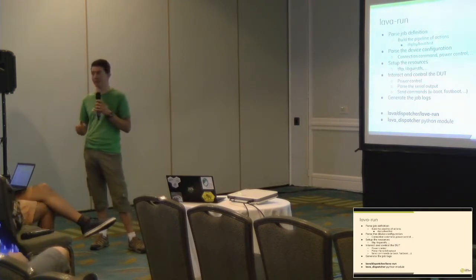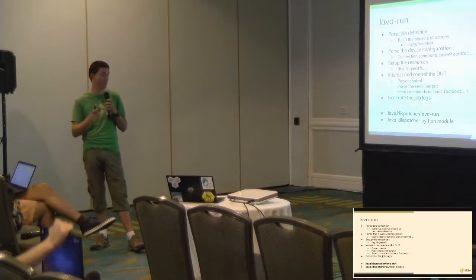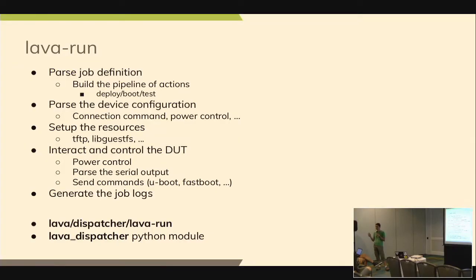As I said, there is one lava-run per job running, and lava-run is the process actually talking to a device, controlling a device. So it will first receive a job definition. It's the job definition that you specify when you submit a job. It will receive it as is. It will parse it, and it will create a pipeline of actions.